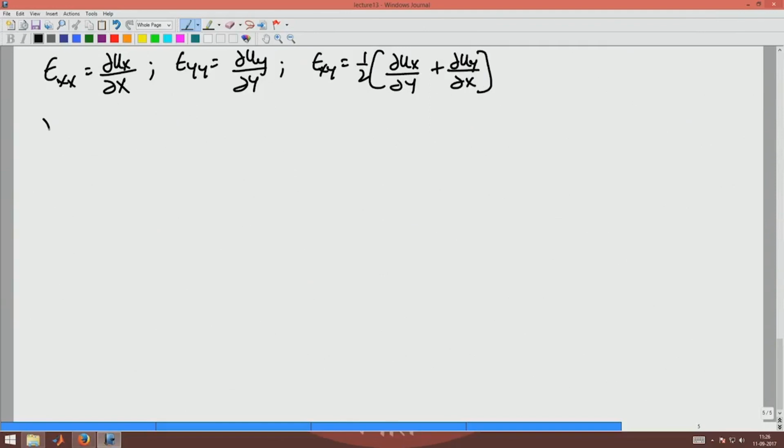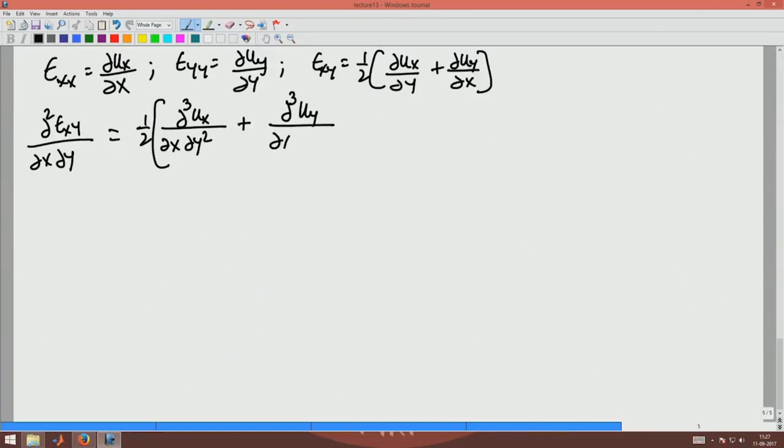Now, let us compute ∂²ε_xy/∂x∂y. What is this going to be? This is going to be 1/2 [∂³u_x/∂x∂y² + ∂³u_y/∂x²∂y].